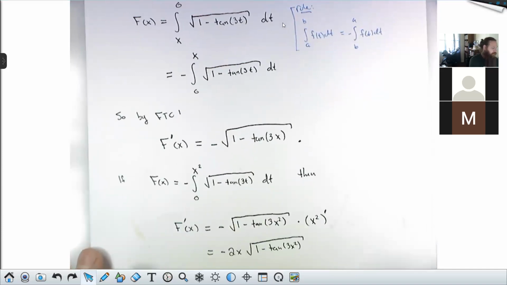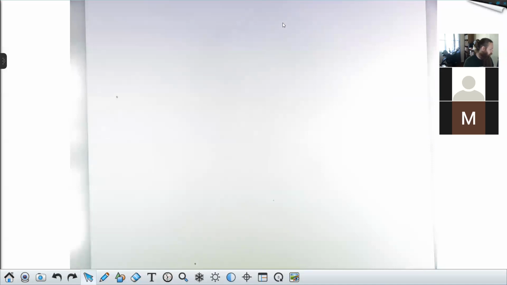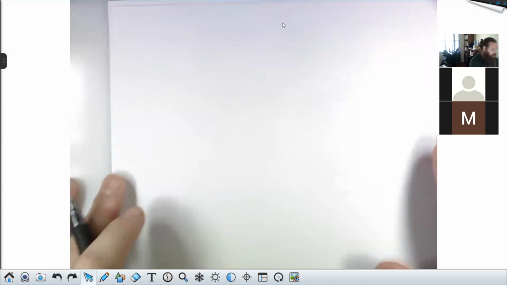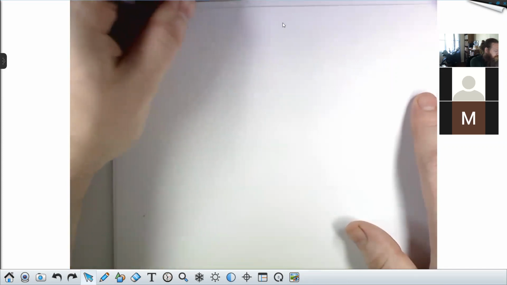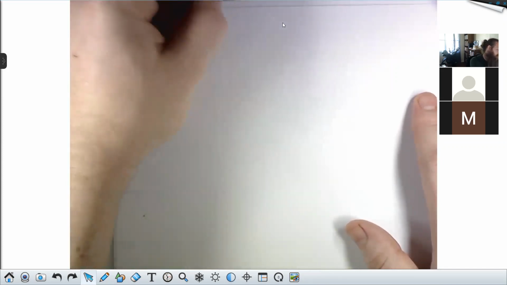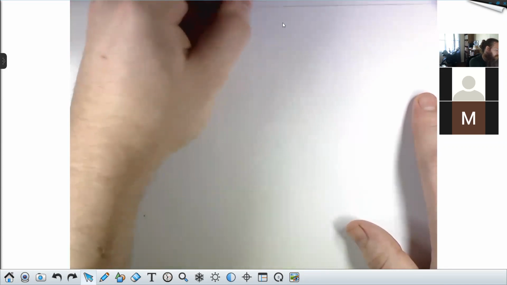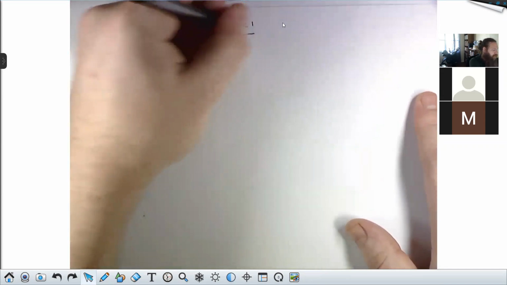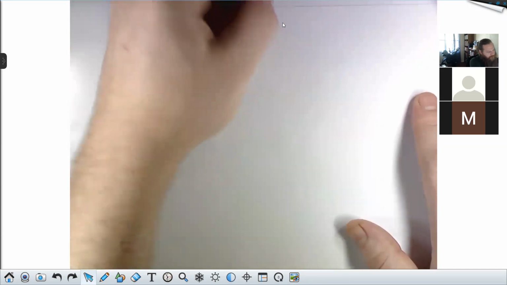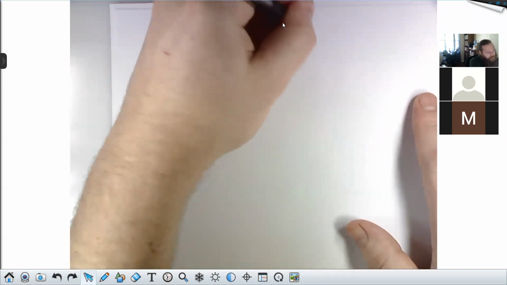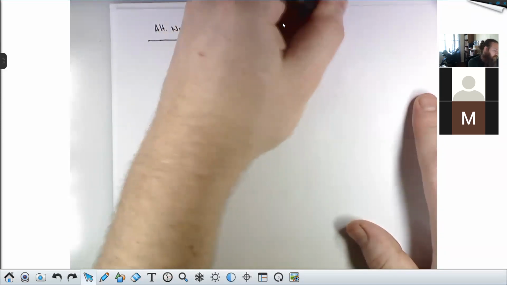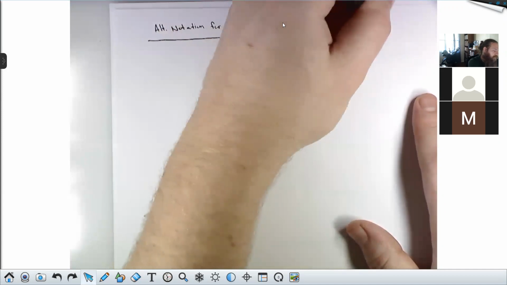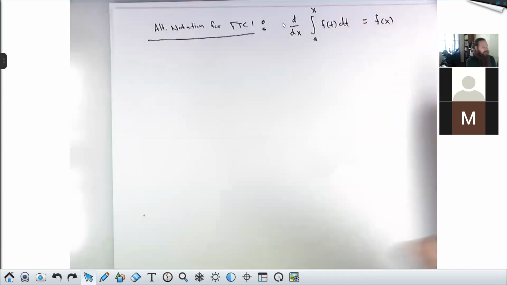An alternate notation for FTC1, I don't recall off the top of my head if I shared this with you, using differential operators, makes that more clear. It says d dx integral a to x f of t dt equals f of x.